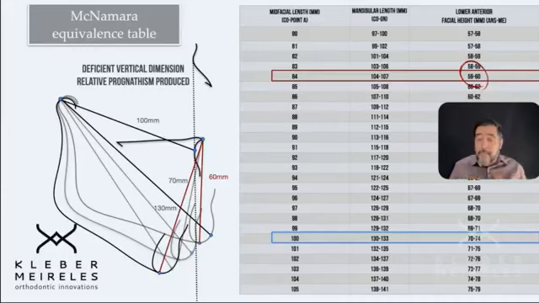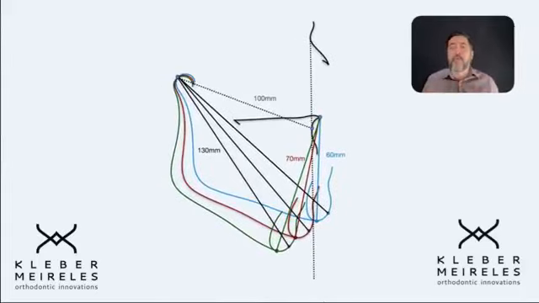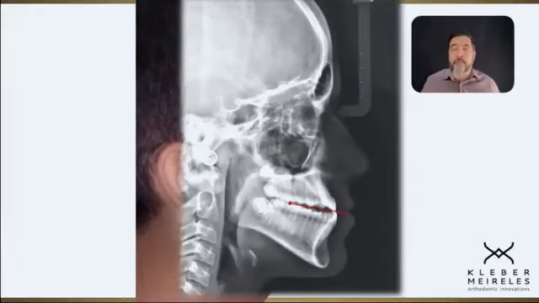And we can change this in our treatment. We know how to do that. We have protocols for that. So we can change this without the need of doing big sagittal movements that can compromise the treatment. This case is going to show this protocol.